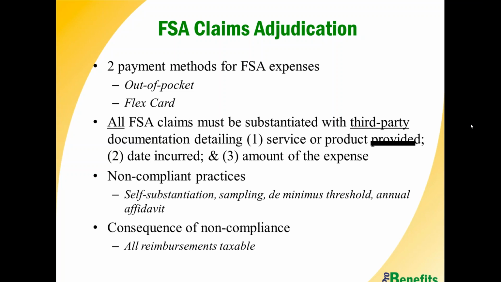This information is required to ensure that the expense is actually an eligible expense, one that can be reimbursed from a health FSA. I think it's important to note the third-party requirement: we can't just get documentation from the participant themselves. It must come from another individual, generally the service provider.